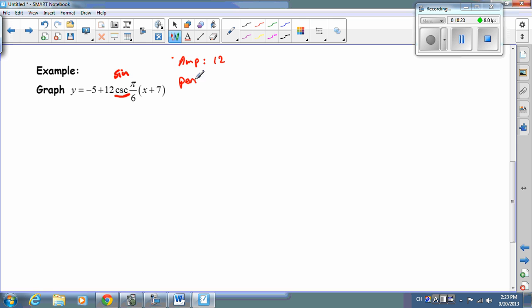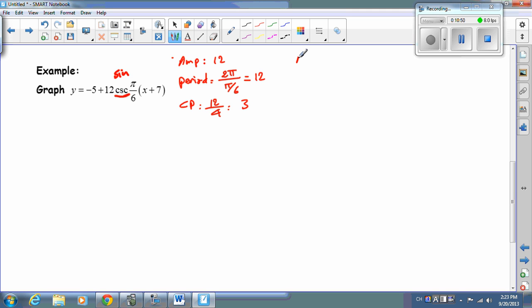After my amplitude, let's find the period. The period here will be, since I see pi, this is with an x, we know it's in radians. The period of a sine will be 2 pi over 6. And if you do 2 pi over 6, you should end up with 12. The critical point is 12 over 4. And if you divide 12 by 4, you end up with 3.